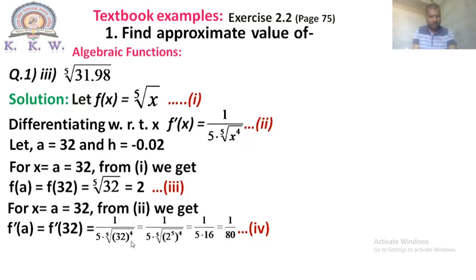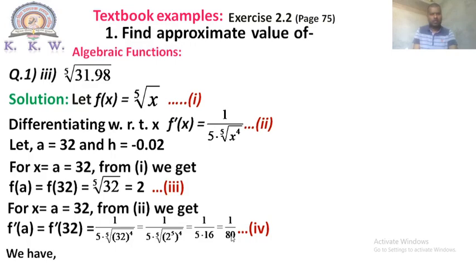Now we'll split this 32 raised to 4 as 2 raised to 5, raised to 4. Then this fifth root and the power 5 get cancelled, leaving 2 raised to 4. Therefore 5 into 2 raised to 4, 5 into 16, is 1 upon 80.